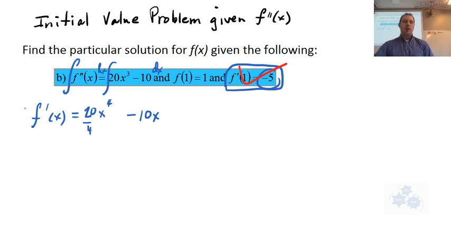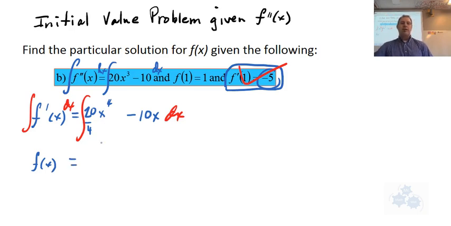And so here we go. We're going to integrate this side with respect to x as well as this side with respect to x. And what do we get? Well, if you integrate a first derivative, you're now going to get your original function. That's the original function we're going to be finding. Here we're going to bump that exponent up, and divide the coefficient that's already there by 5, which is 20 divided by 4 times 5, which is actually 20.